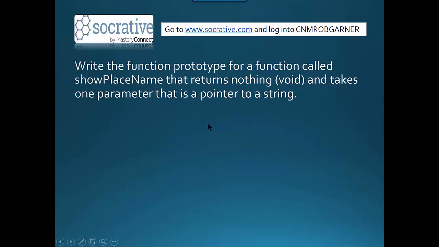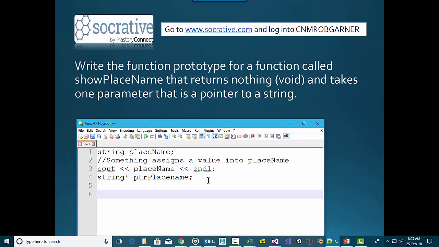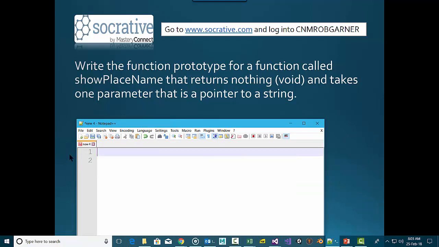Now let's write the function prototype for a function called showPlaceName that returns nothing and takes one parameter that is a pointer to a string. Pause, write down the answer, and hit continue. So we have all this declared, and so as not to confuse things, I'm just going to put it like this. We're going to make a function called showPlaceName that returns void and takes one parameter that is a pointer to the string.